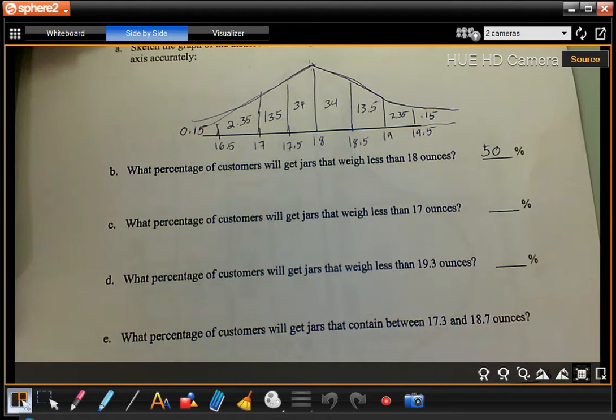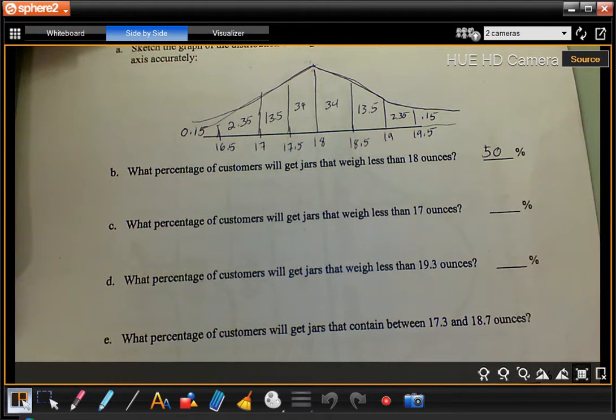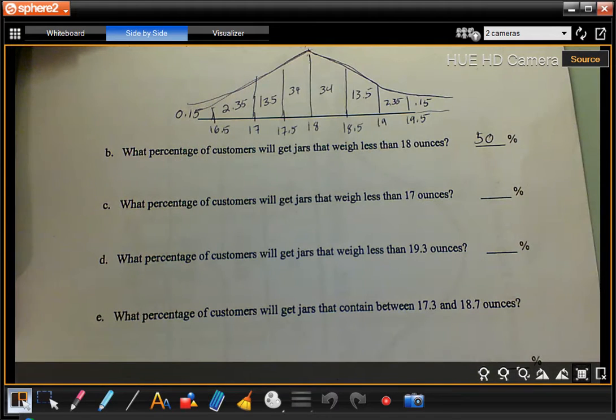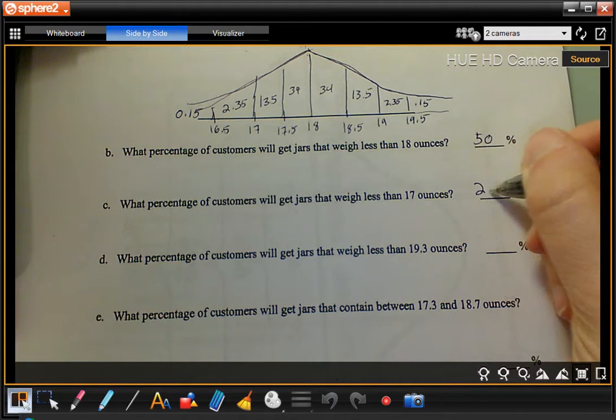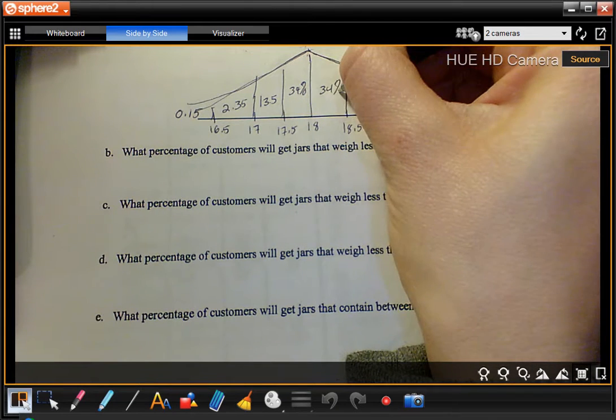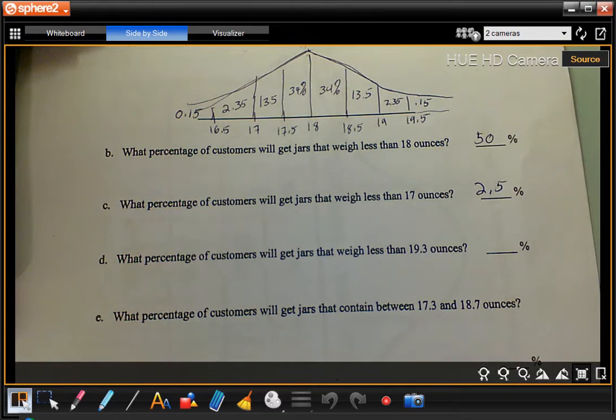Okay, so we want less than 17 ounces. So we're going to add those two together, which gives me 2.35% and 0.15% gives me 2.5%. Yes, you can put percentage marks for each of these. Some of mine don't have room for it.